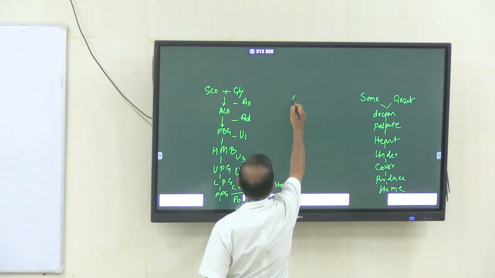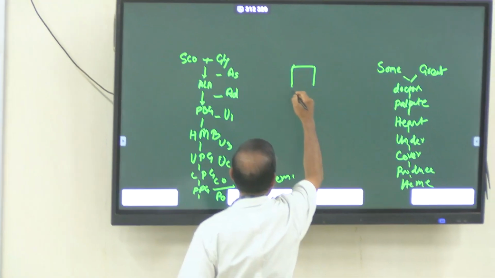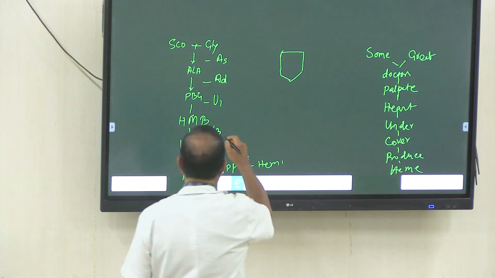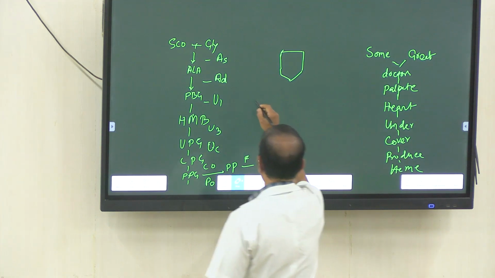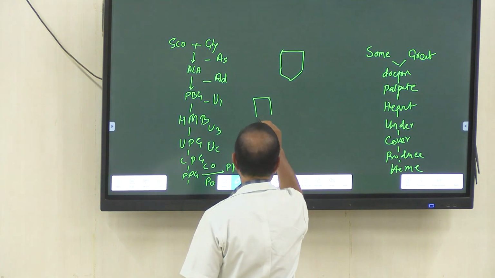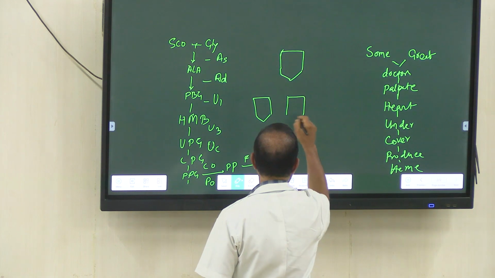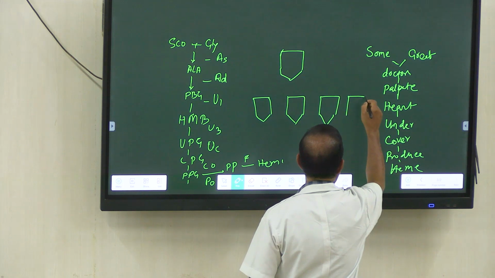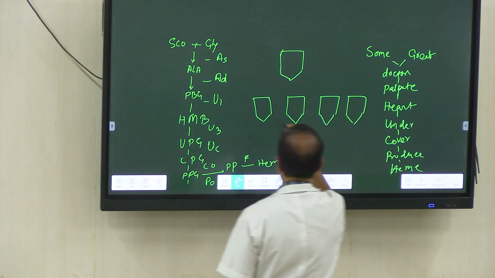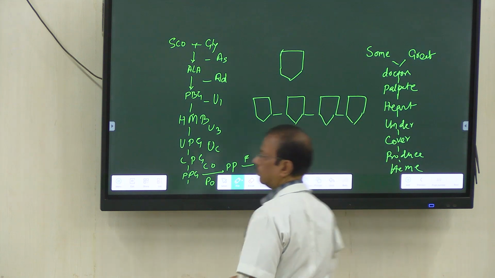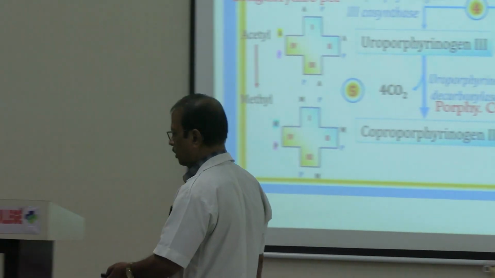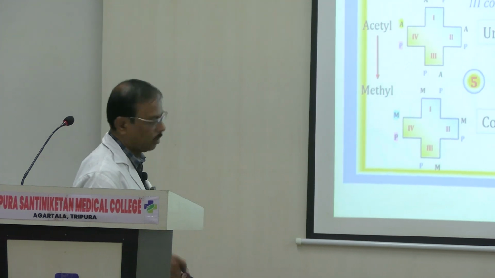Porphobilinogen is a monopyrrole compound having a single pyrrole ring, and hydroxymethylbilane is a tetrapyrrole compound. We know porphyrins are cyclic, having cyclic pyrrole rings. So we'll see how it is formed into cyclic pyrrole rings.